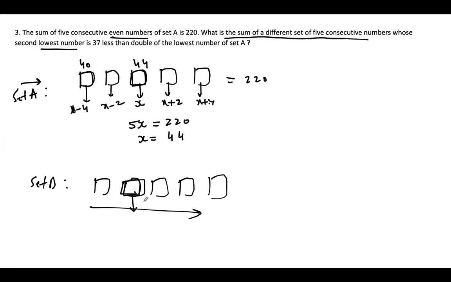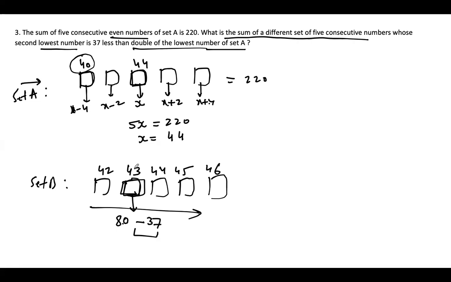Double of the lowest is 80, so this number is 80 minus 37, which is 43. So this is 42, 43, 44, 45, 46.